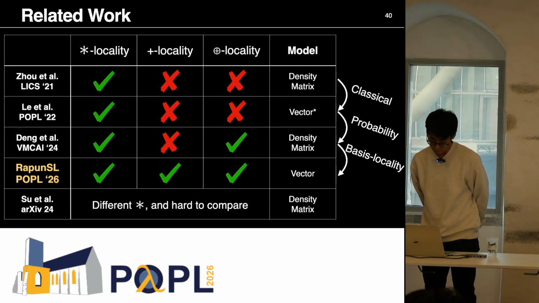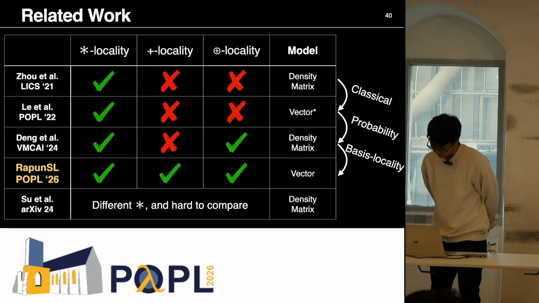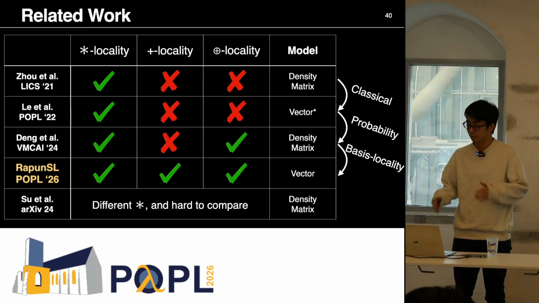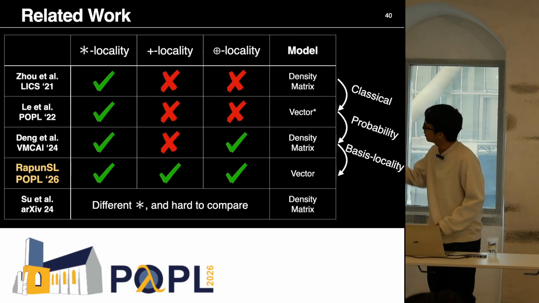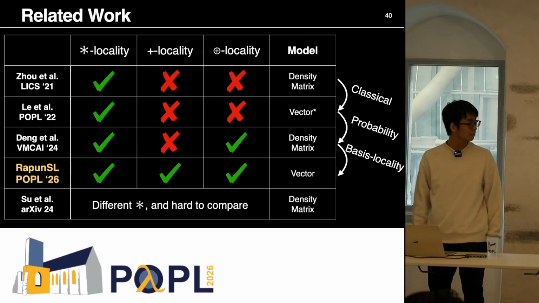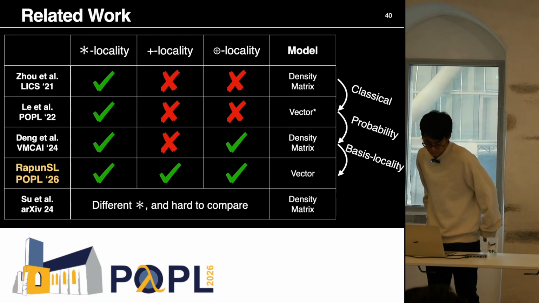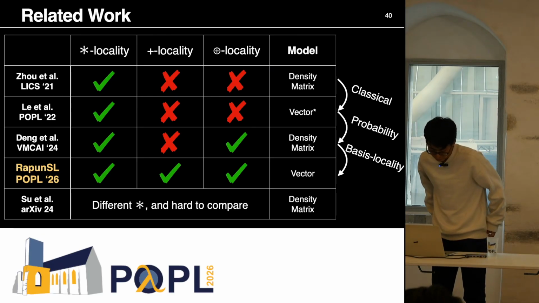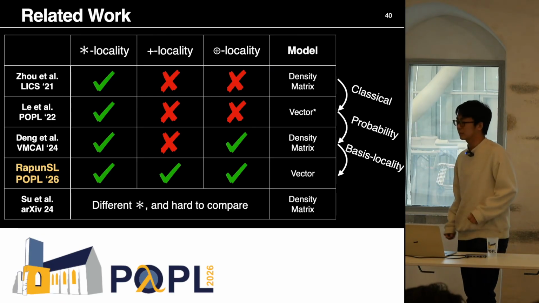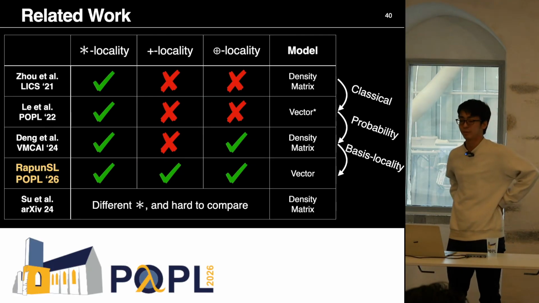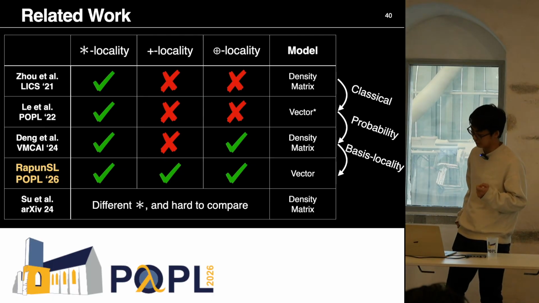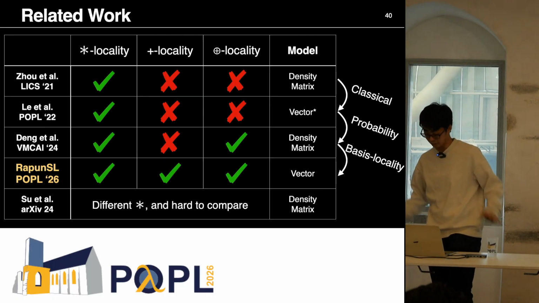The next paper introduced precise reasoning for probabilistic outcomes to it. And our paper introduced basis locality to it. There's another quantum separation logic from Su et al., which is also a separation logic, but its treatment of separating conjunction is a bit different, so it's hard to compare.